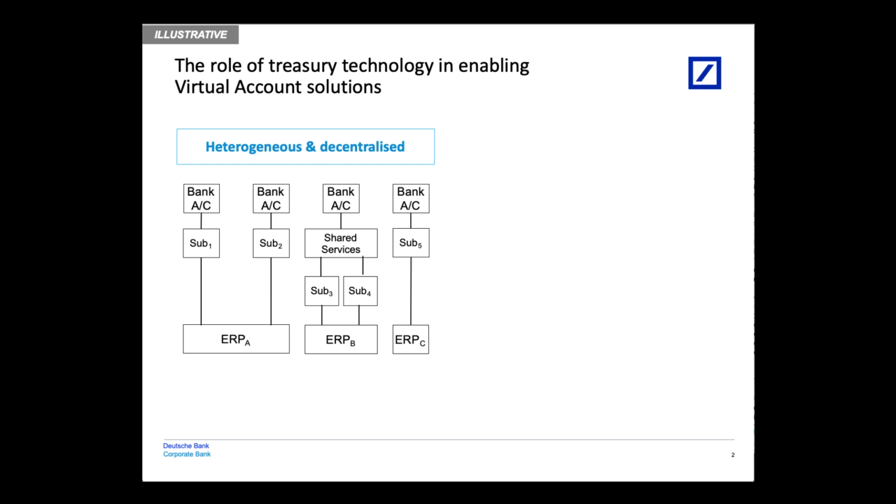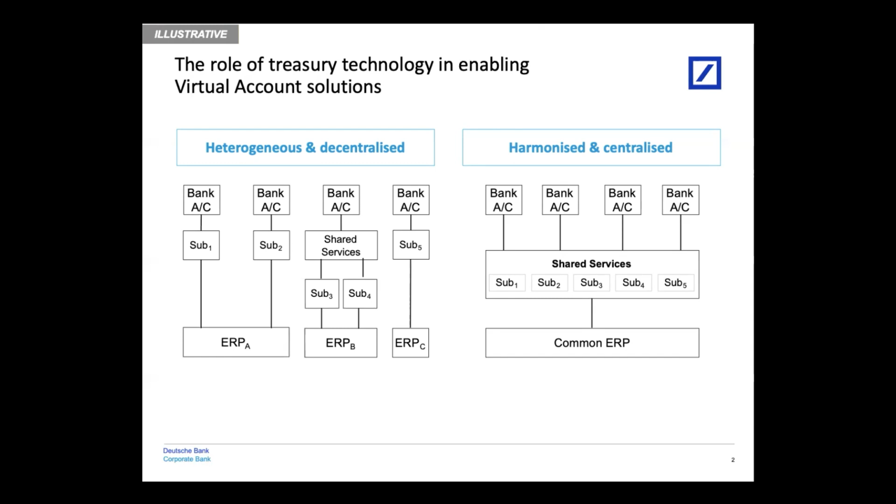So in summary, if you were to look at it from the perspective of what are the characteristics of the bank account structure, of the organizational model and the technology that is used, it tends to be, in this example, very heterogeneous and decentralized.